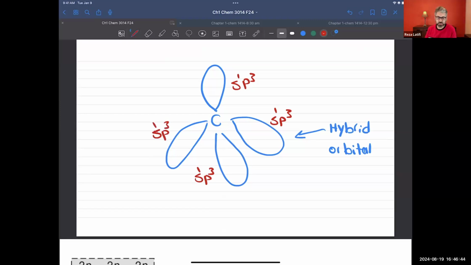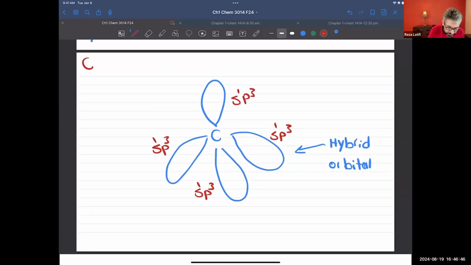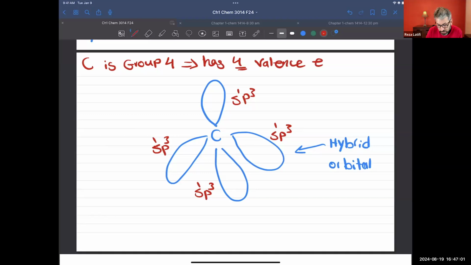Next, carbon is group 4. What does it mean? It means it has 4 valence electrons.